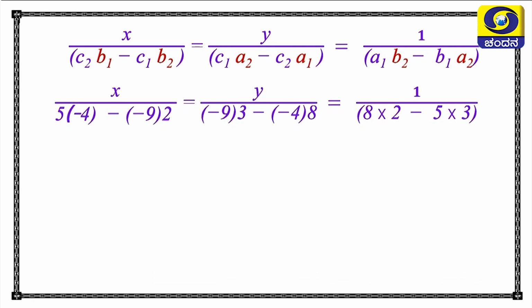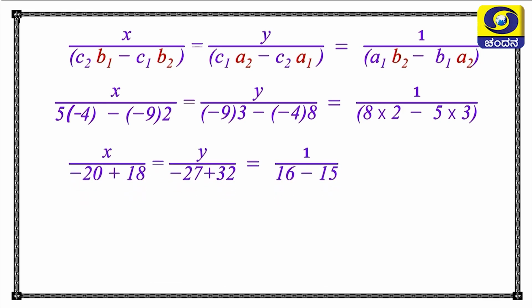So on simplification, we will get x over 5 into minus 4 minus minus 9 into 2 is equal to y over minus 9 into 3 minus of minus 4 into 8, that is equal to 1 over 8 into 2 minus 5 into 3, that is x over minus 20 plus 18, y over minus 27 plus 32, 1 over 16 minus 15, that is x over minus 2 is equal to y over 5 is equal to 1.